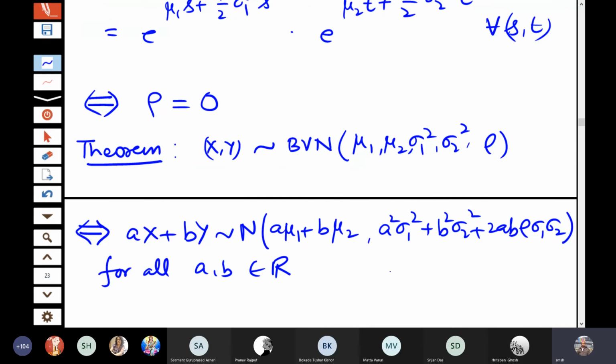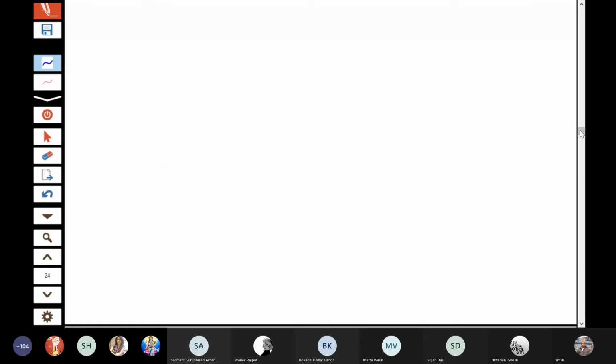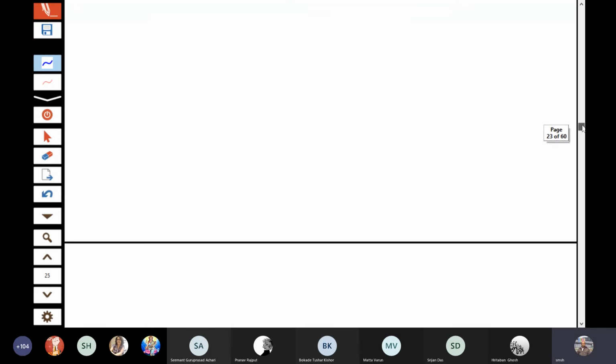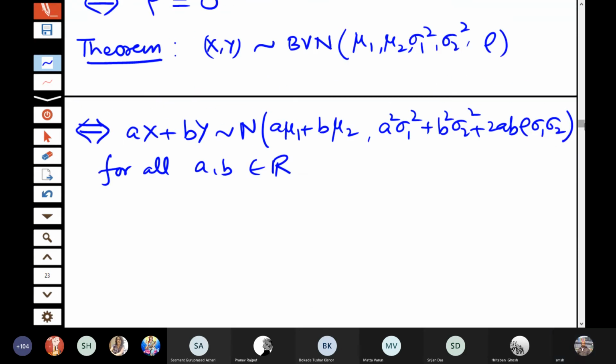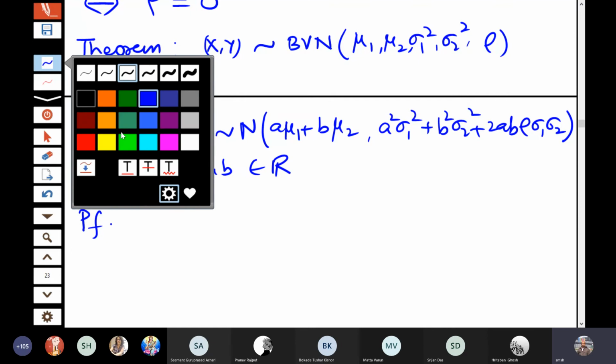So this is another very important result. Of course, it can follow just by using the joint moment generating function here. So I am just leaving this proof as an exercise here, okay?